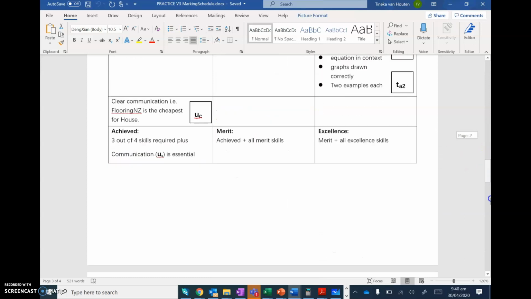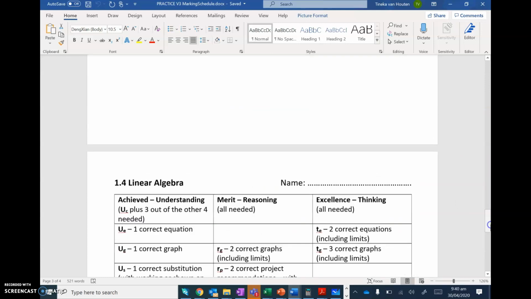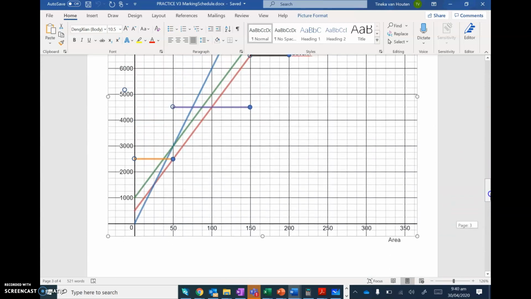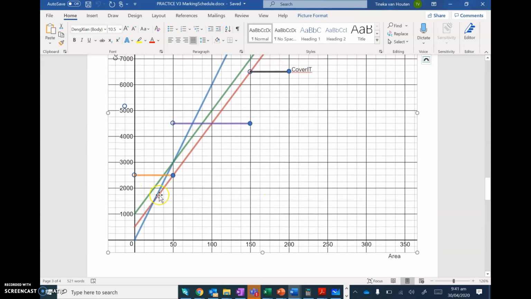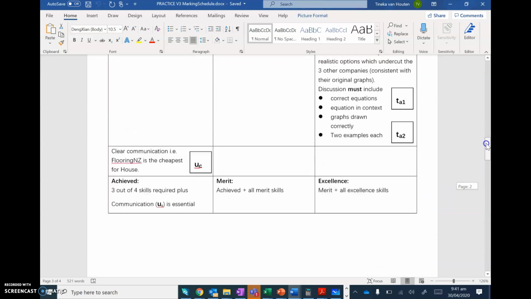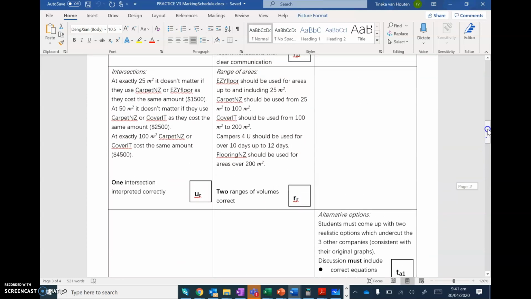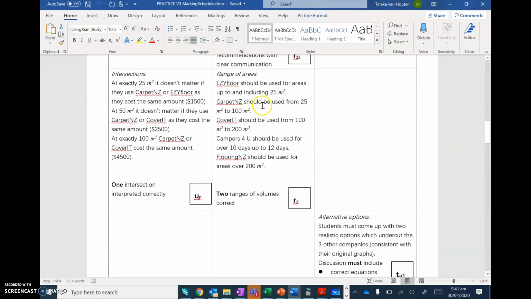And then if I look after that, the cheapest one is the red one. At this point in time, you could use Cover It as well, but for most of the time, you would use Carpet NZ.